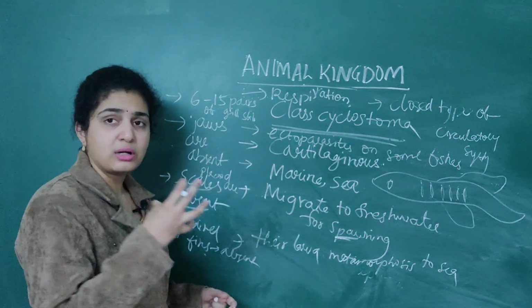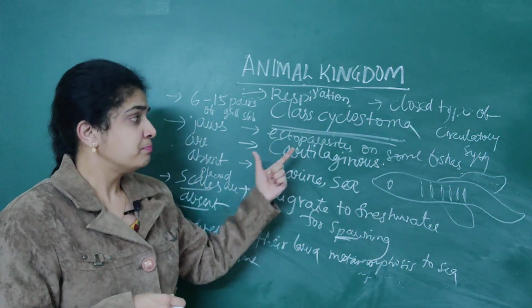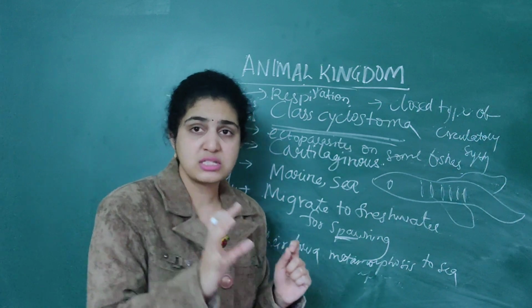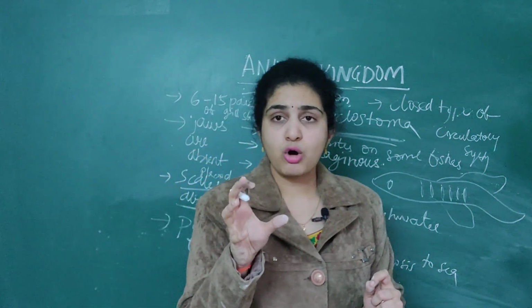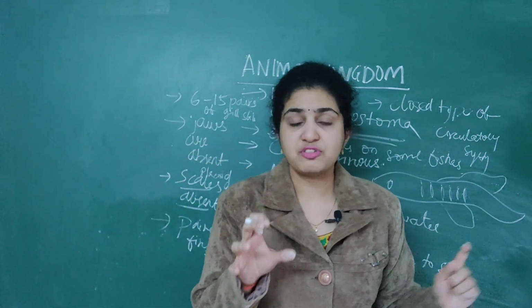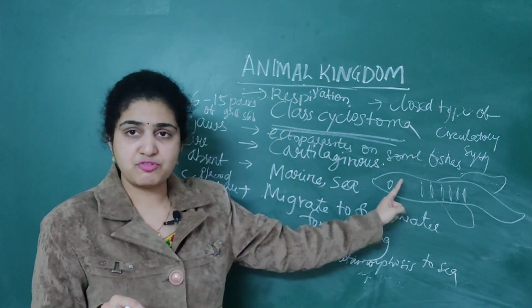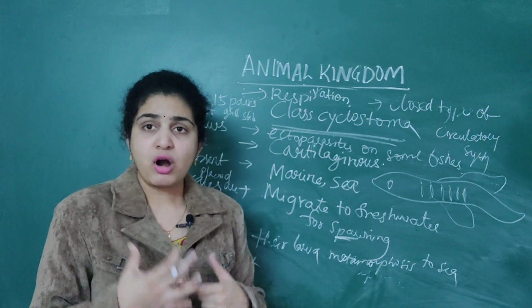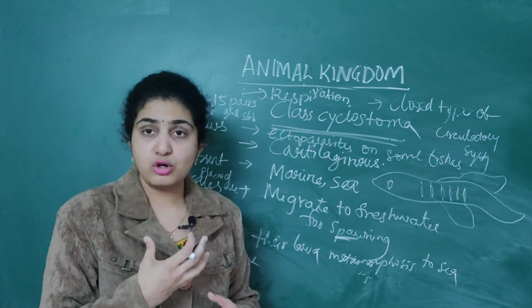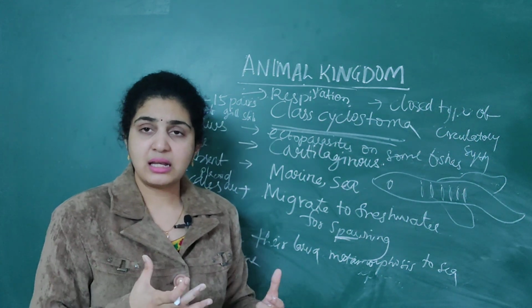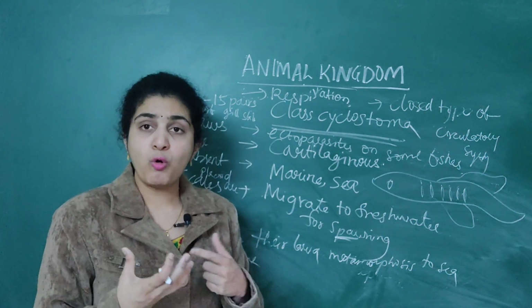So when you get into class Cyclostomata, the first point you should remember is they are ectoparasites on some fishes. What are the organisms which are ectoparasites on some fishes? That is class Cyclostomata. Next, what is the type of endoskeleton they exhibit? Is the vertebral column cartilaginous or bony?